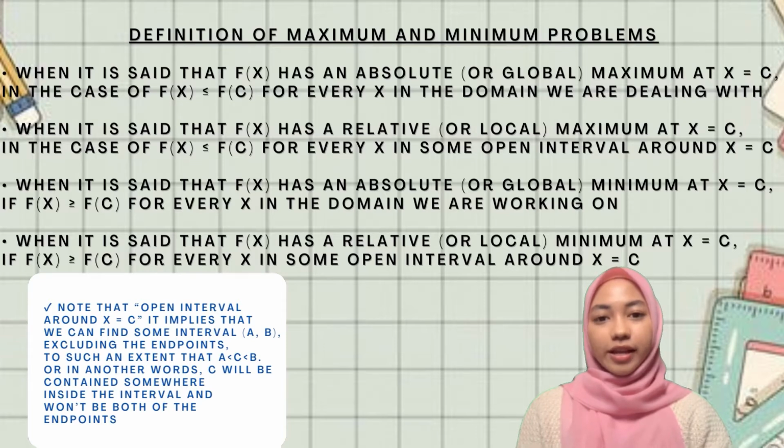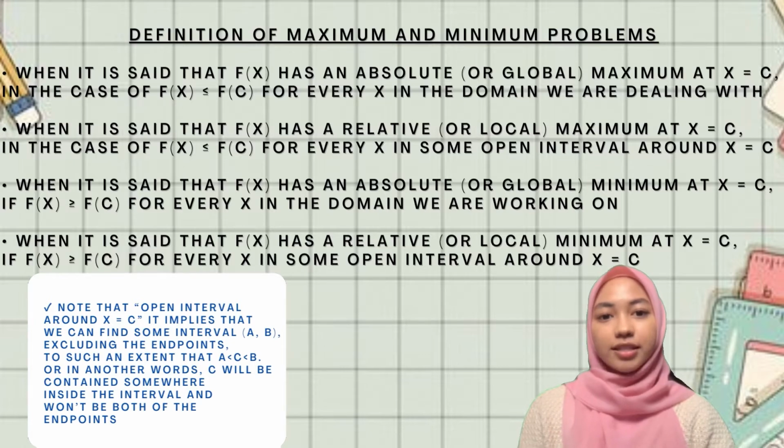When it is said that f(x) has an absolute or global minimum at x equal to c if f(x) more than or equal to f(c) for every x in the domain we are working on. When it is said that f(x) has a relative or local minimum at x equal to c if f(x) more than or equal to f(c) for every x in some open interval around x equal to c.